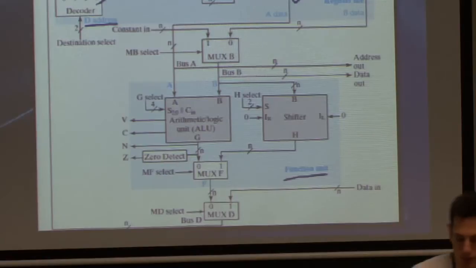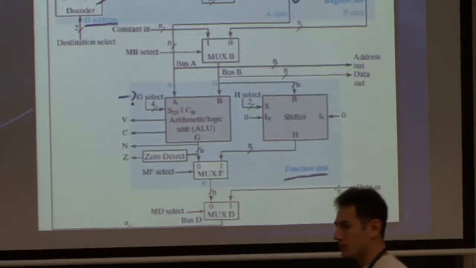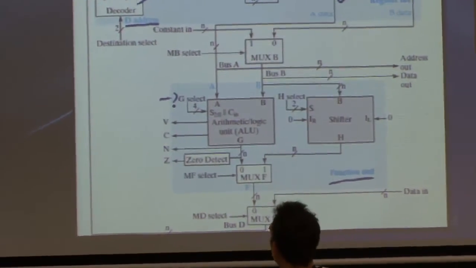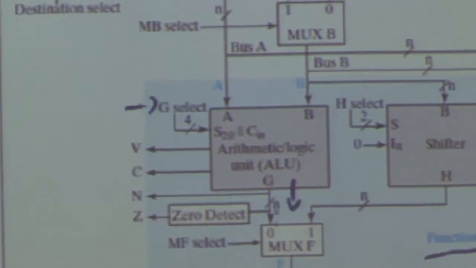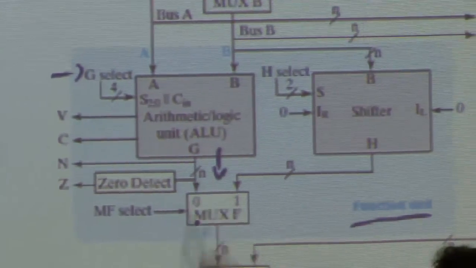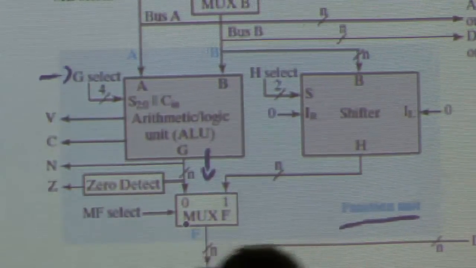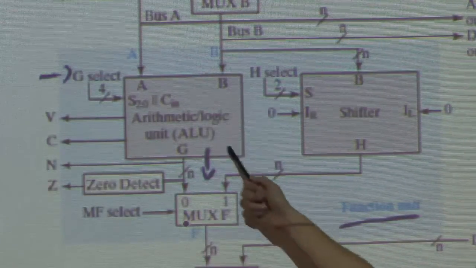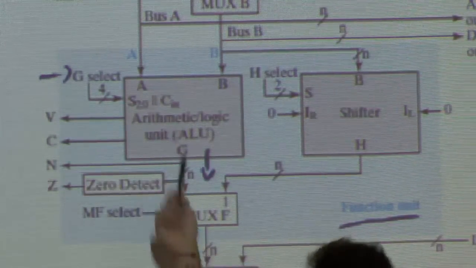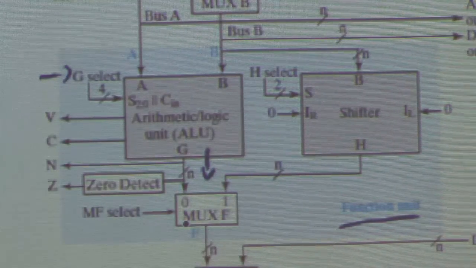We will choose what operation we want to do on them using the 4-bit G select signal, and then the result will be spit out through this line here. We will see in the rest of this lecture what types of operations the ALU can do for us and how we control them.